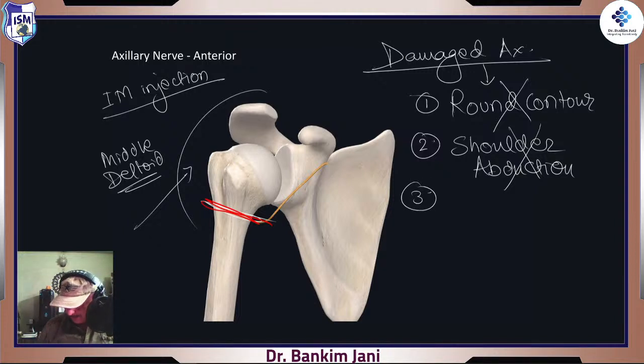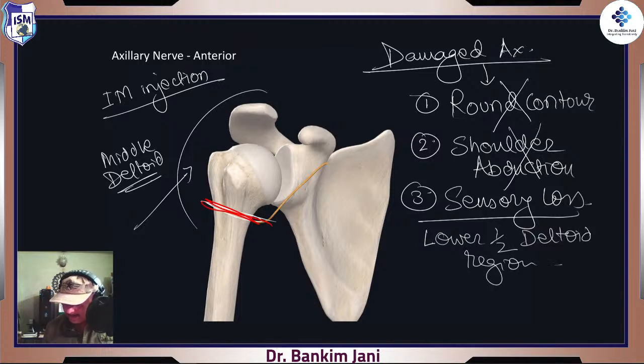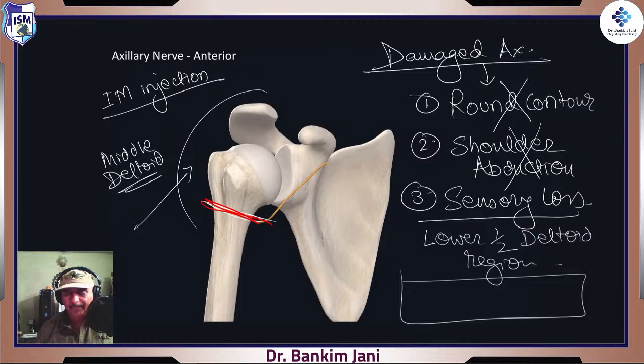The third thing, this is interesting. Over the shoulder, exactly that lower half of the cutaneous area over the deltoid region, there is a sensory loss. And there is a special name given to it, as if it is a badge: the regimental badge.